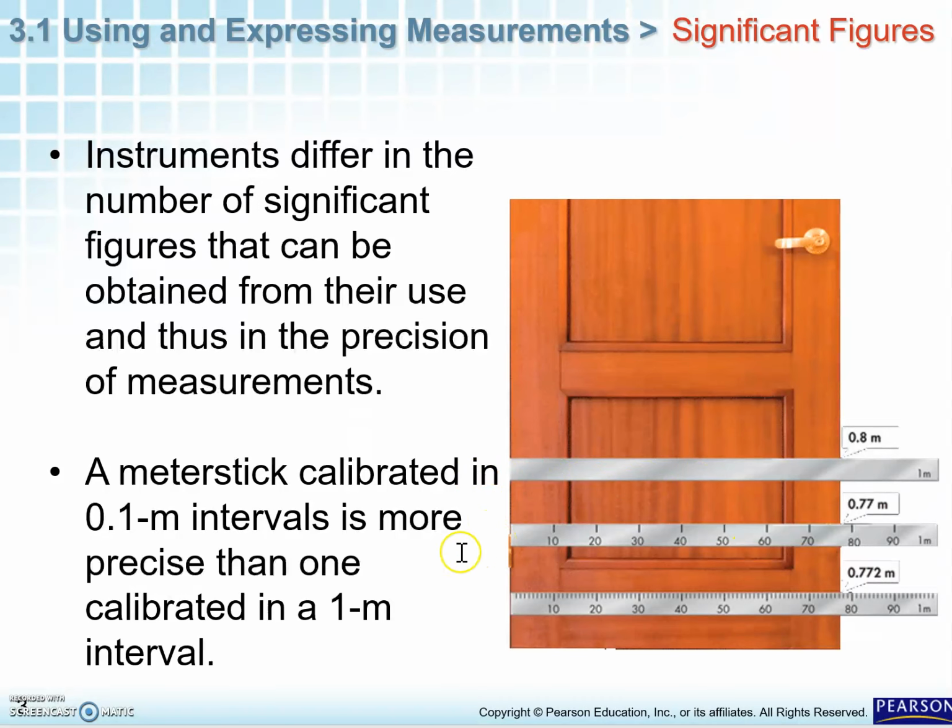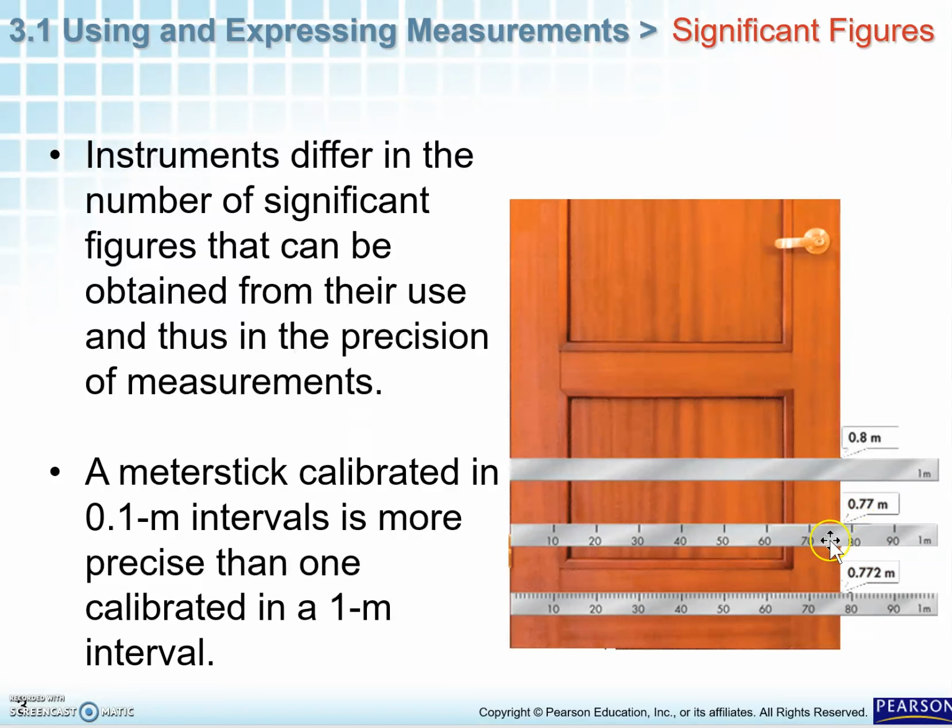Let's take a look at the next meter stick. Again, we have our lowest value of 0 and our highest value of 1, but now it has been divided up into tens. So I can get a little better idea of how big this door is. Based on this, I can read that it is larger than 70 centimeters and smaller than 80 centimeters.